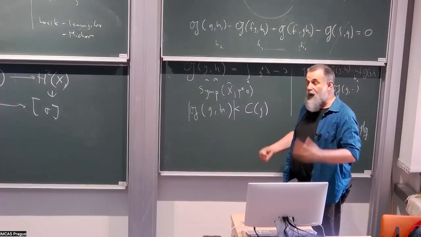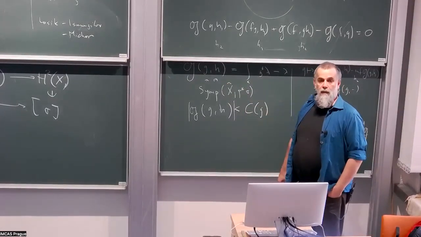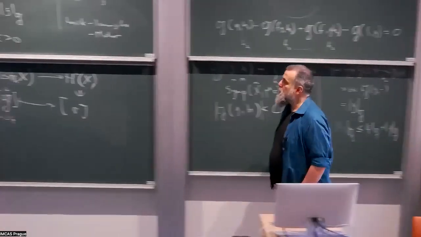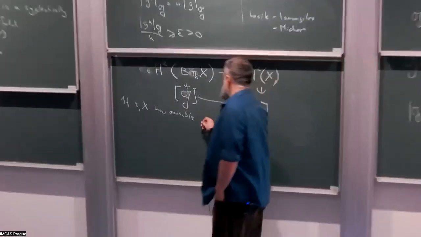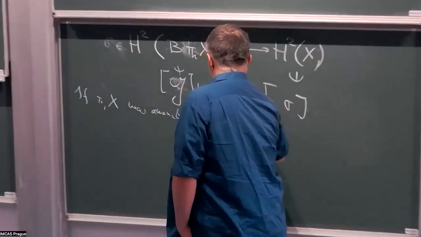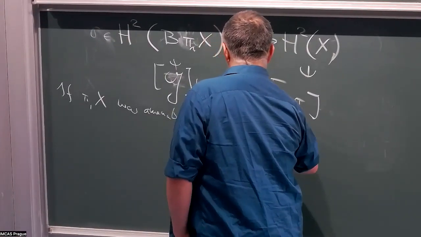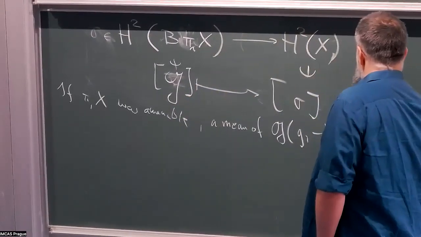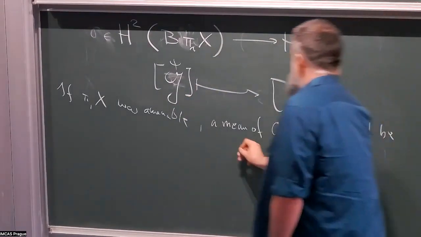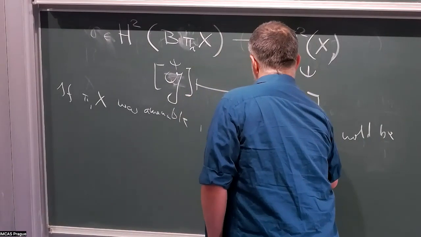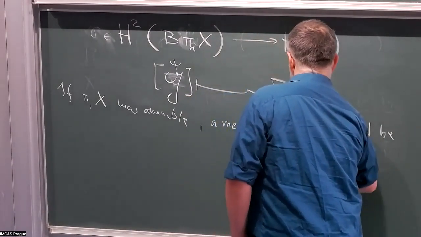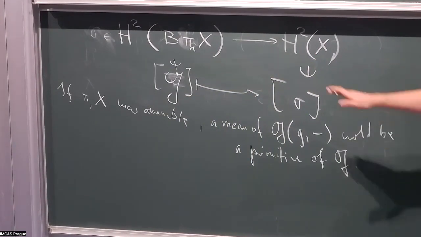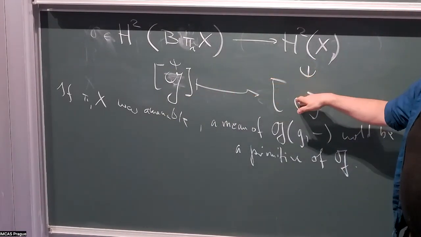And this would be a primitive of G. If it was amenable, the mean of G would be a primitive of G, which shows that this class cannot be non-trivial.